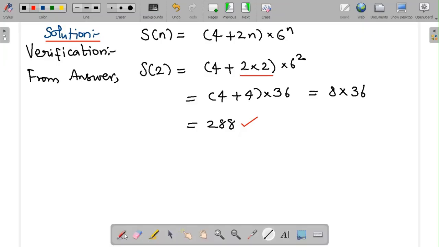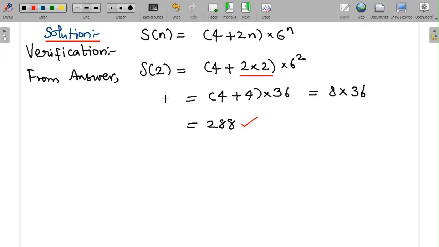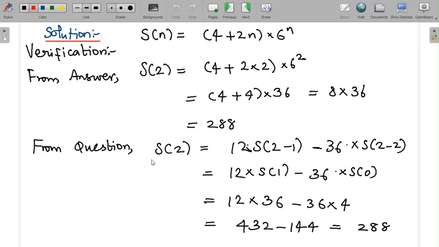Now, this is the answer that we obtained from the closed form expression. We'll compare this with the answer that is possible from the actual question. So we have 288, and the question was S of 2 is equal to 12 times S of 2 minus 1 minus 36 times S of 2 minus 2 when n is equal to 2. So that's 12 times S of 1, which is 12 times 36, minus 36 times S of 0, which is 36 times 4.